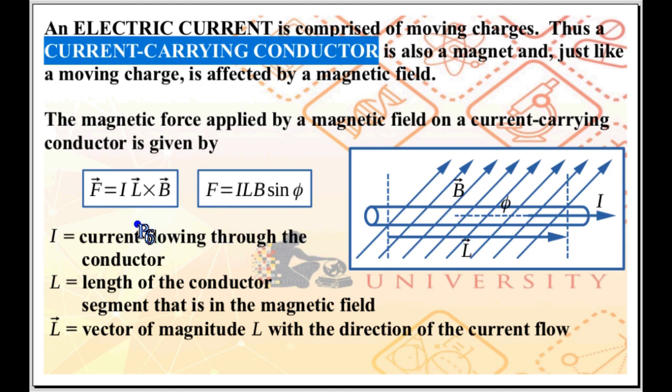For the direction of the magnetic force, use your right hand rule, the right hand rule of cross product.